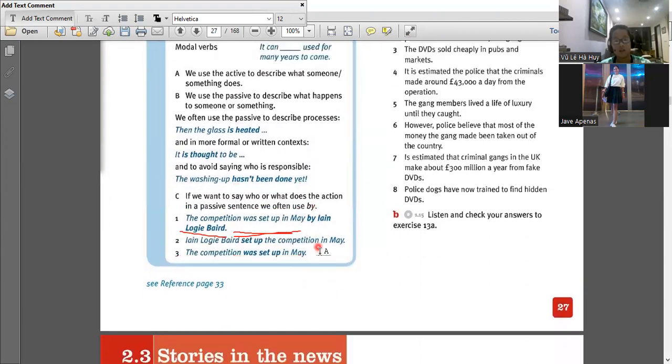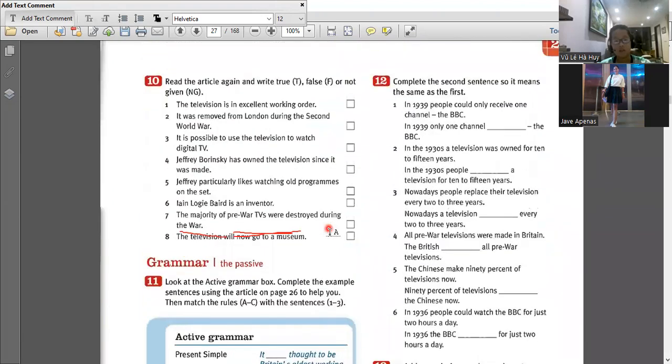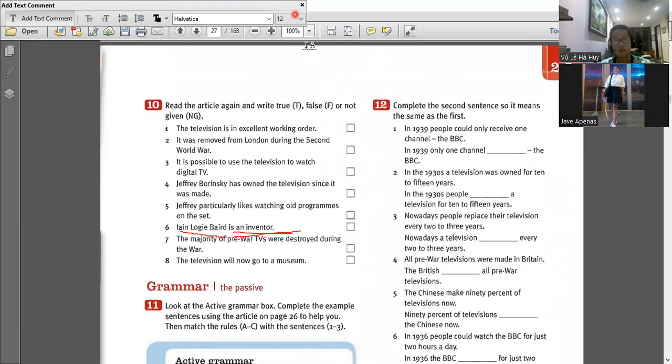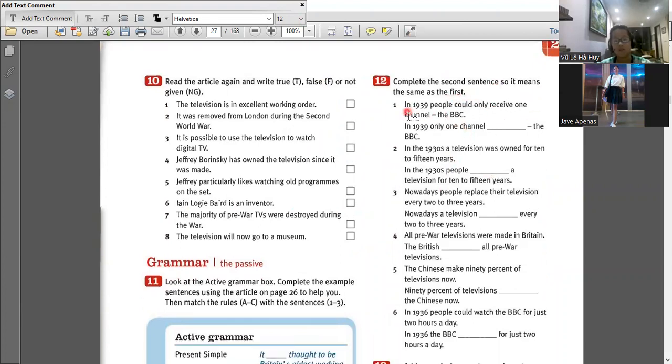Now let's try to answer and complete the second sentence so it means the same as the first. Okay, so we have the sentence: in 1939, people could only receive one channel, the BBC.